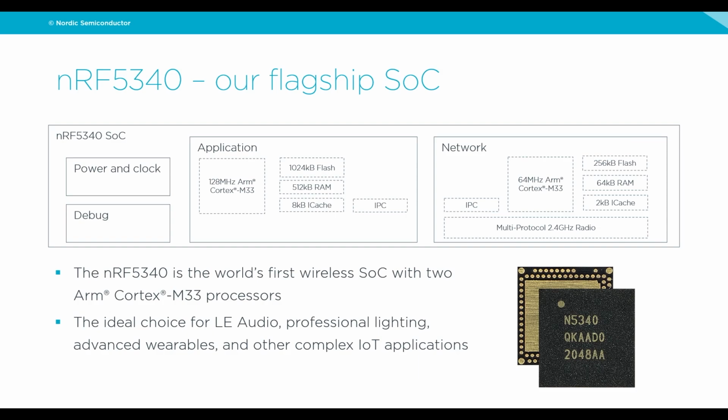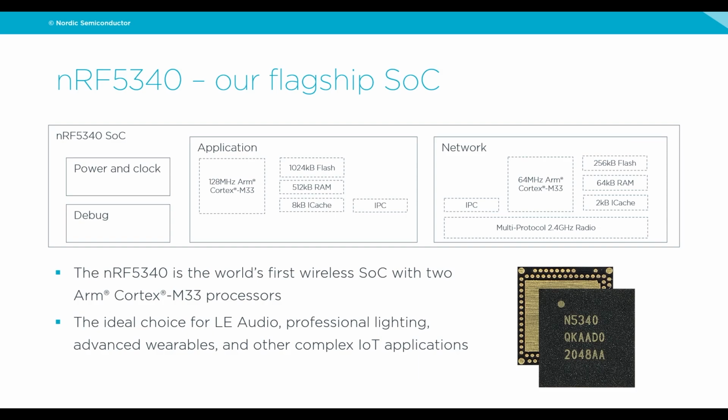The nRF 5340 SoC is our flagship SoC for short-range wireless. It includes a superset of the most prominent nRF52 series features. It is the first SoC in the nRF53 series and is the world's first wireless SoC with two ARM Cortex-M33 processors.